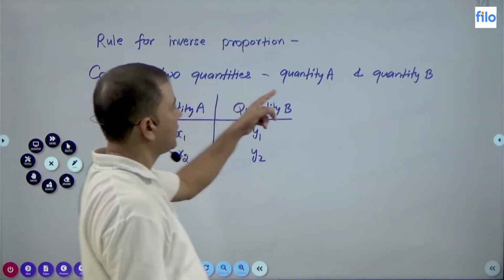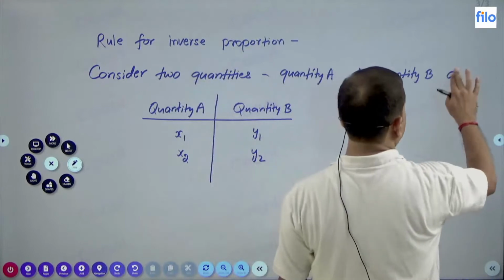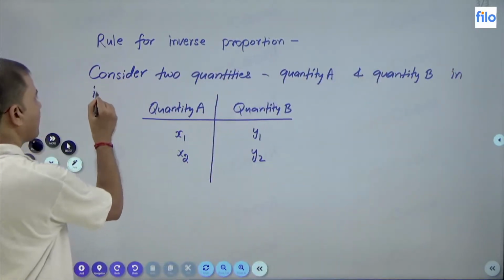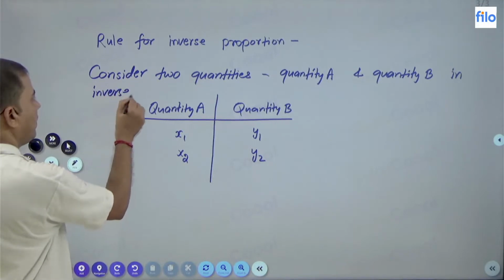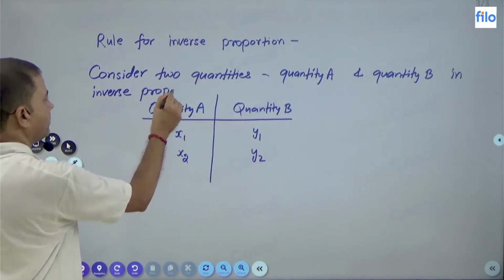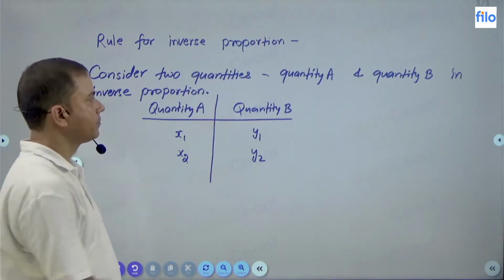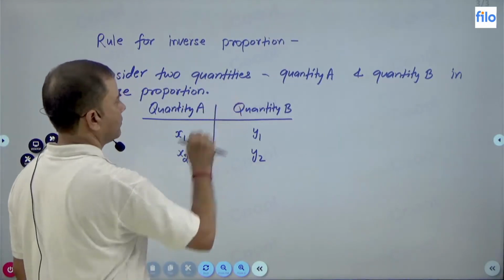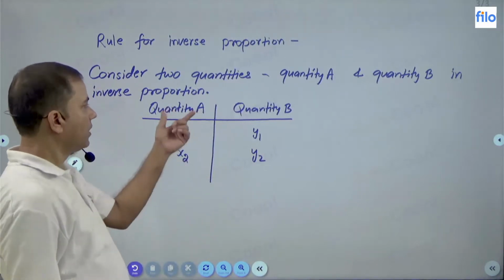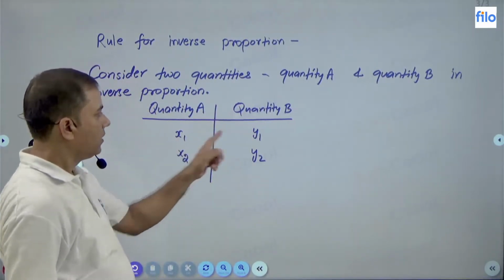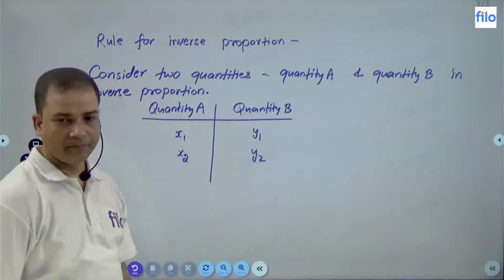Consider the two quantities, this and this, in inverse proportion. Quantity A, quantity B. So what will happen this time? Will the ratio remain the same or what?